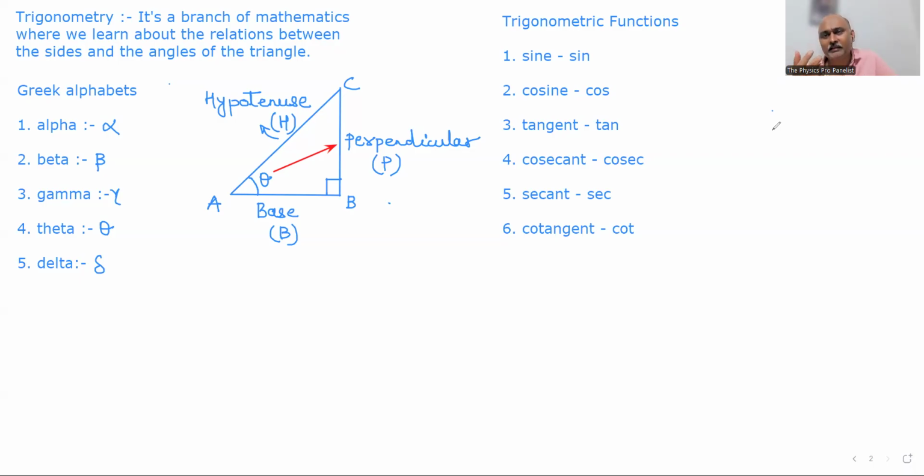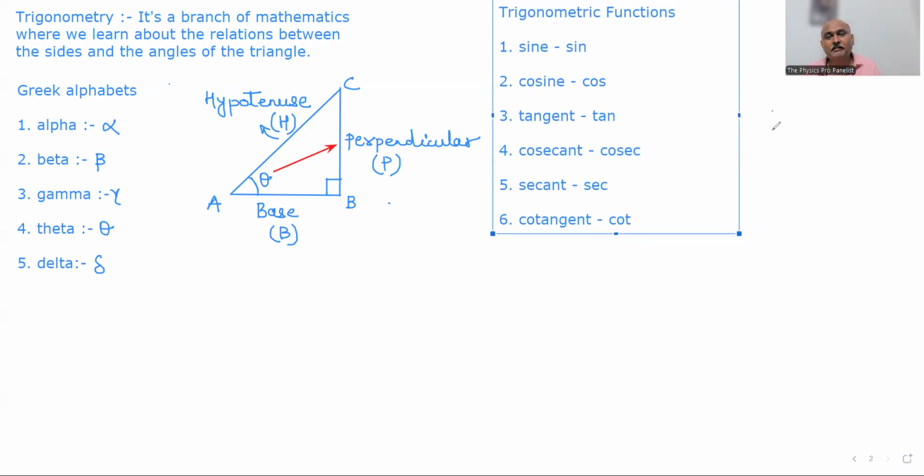That is the function. But on which does it operate? It operates exactly on the television, right? You have to give it some input, and then it will operate. So here also, these functions operate on the angles of the triangle. Where will these functions operate? They will operate on the angles of the triangle. I hope I am making some sense to all of you.